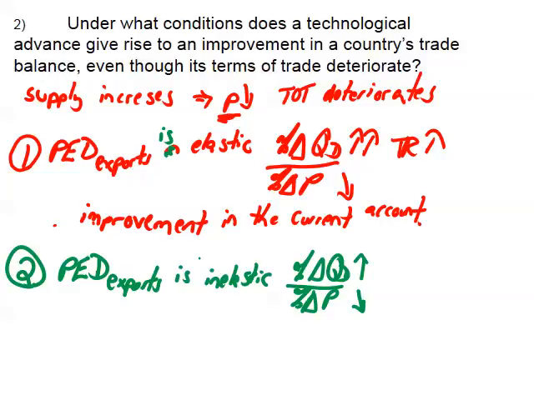But if the demand is inelastic, then the denominator must be greater than the numerator. In other words, the change in price is proportionately greater than the change in quantity demanded. So here we can see that prices dropped perhaps substantially, but we only pick up relatively less in quantity demanded. So total revenue for exports would go down, and the current account worsens. So it very clearly depends on the elasticity of demand, in this case for exports.